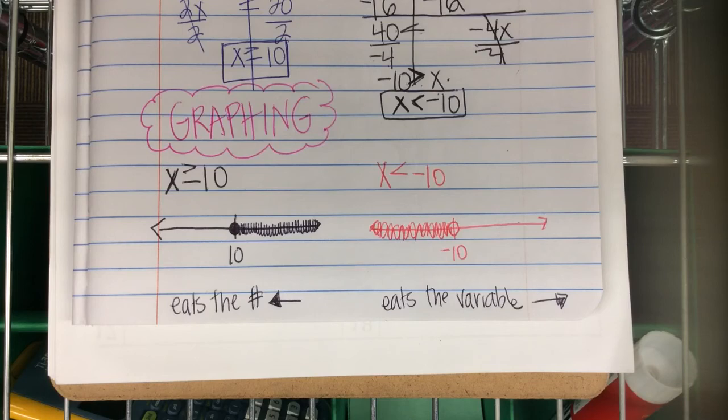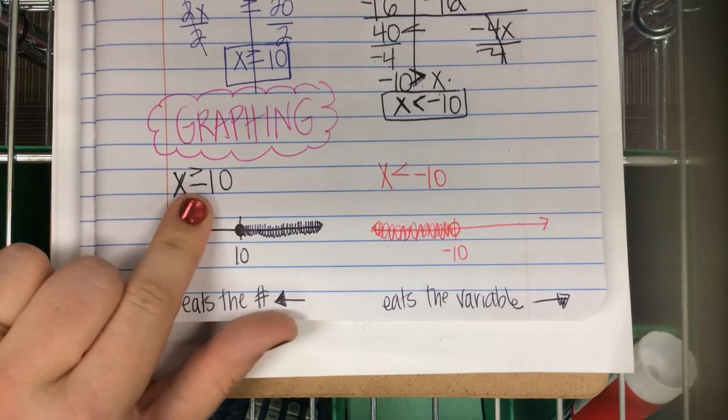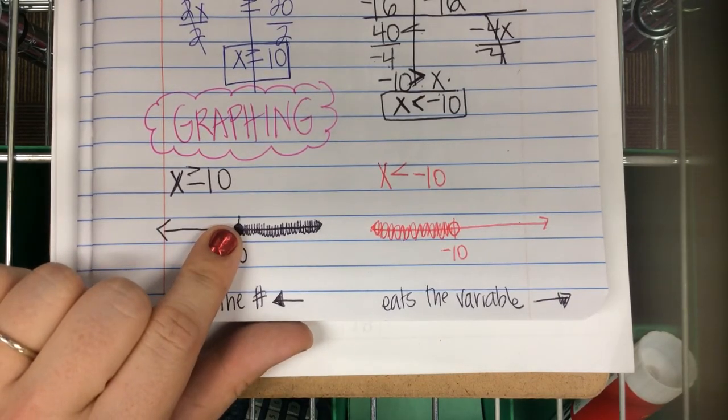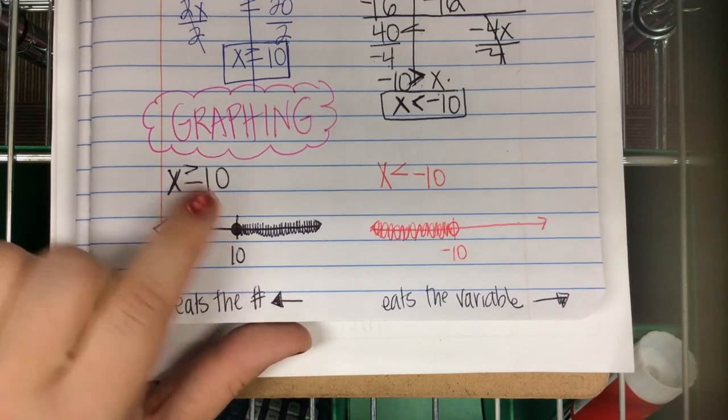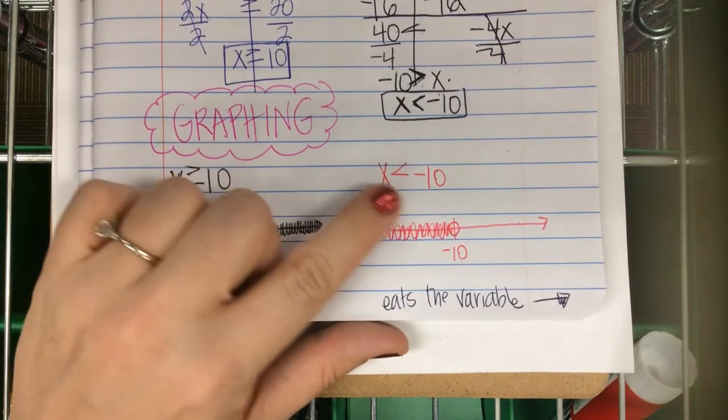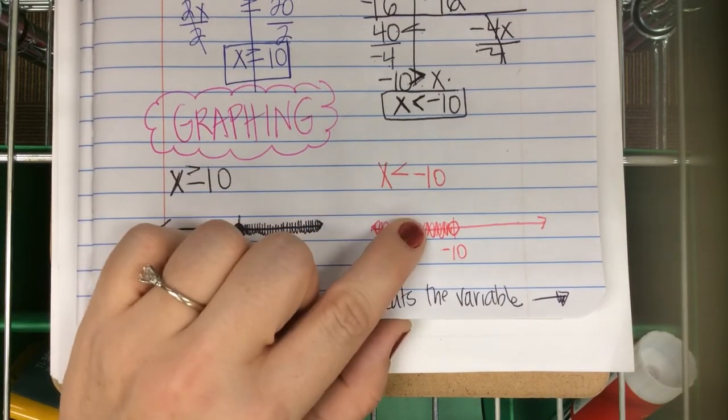So the inequality sign, if there's no equal sign below it, that's when you don't fill anything in, but when there is an equal sign below it, you fill something. Perfect. If there's an equal sign, it's filled in. If there's no equal sign, you draw a fence around it.